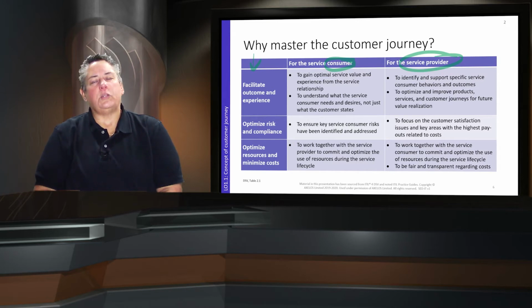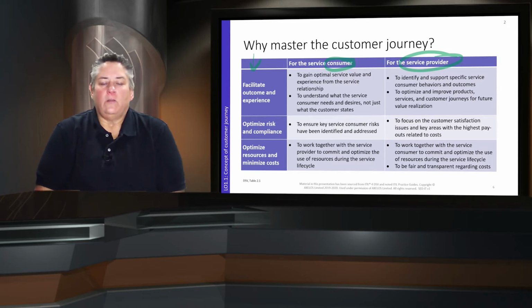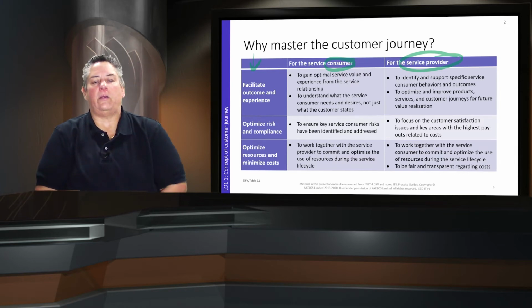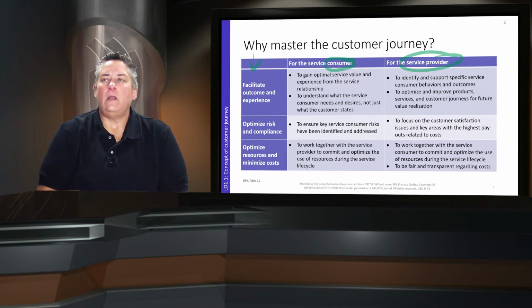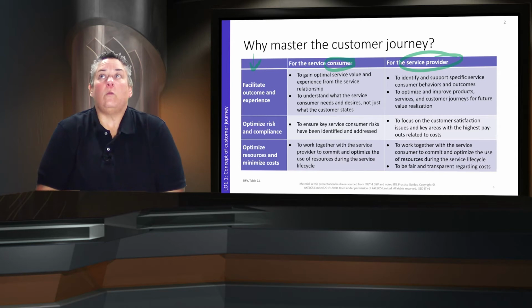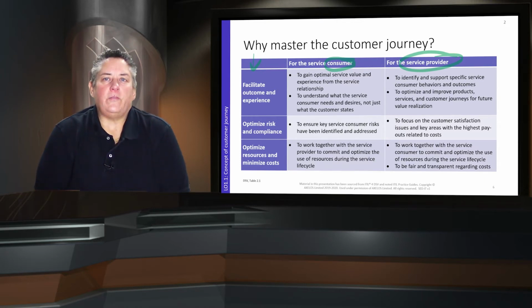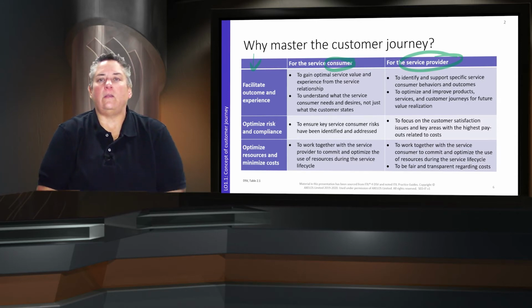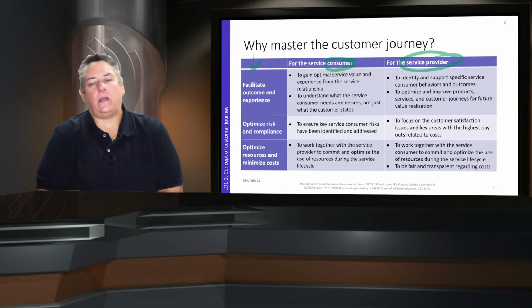Make sure you look at these tables. For example, the customer journey is to facilitate an outcome and an experience. From the consumer's perspective, we want to get optimal service value and experience from that relationship. We want to solve our need. We want to get to that outcome and say, yes, value has been achieved within this relationship. From the service provider perspective, we want to identify the potential products and services that will meet the needs of a specific consumer.